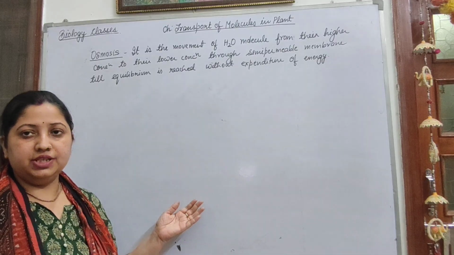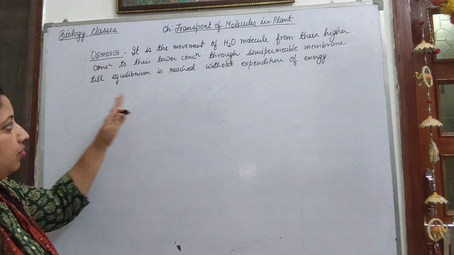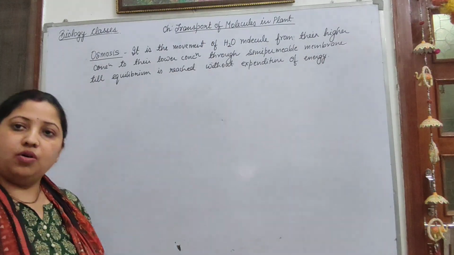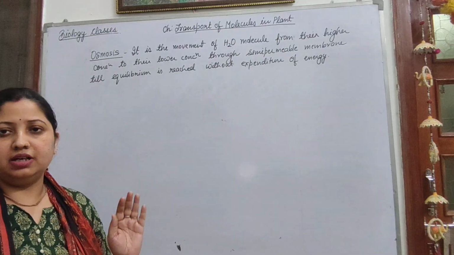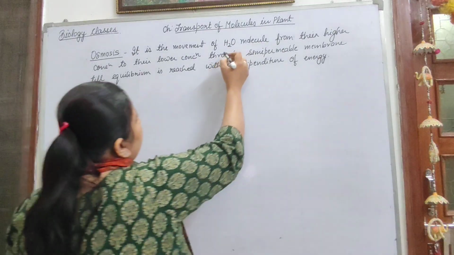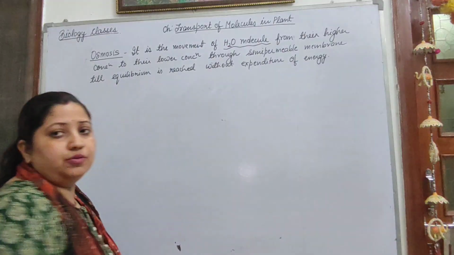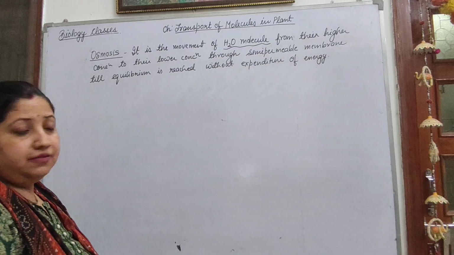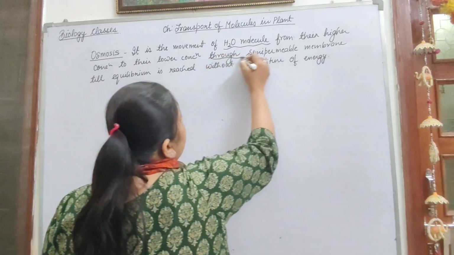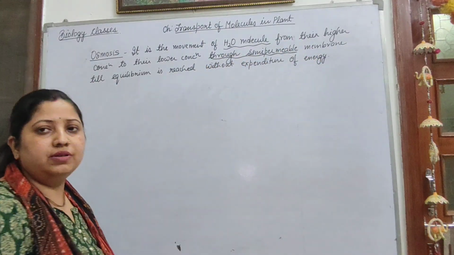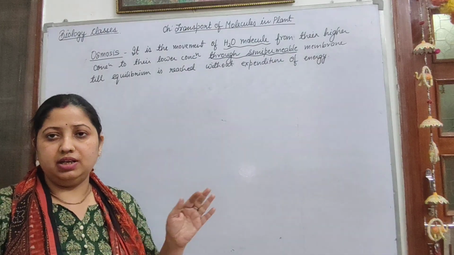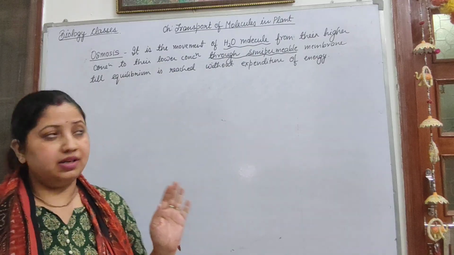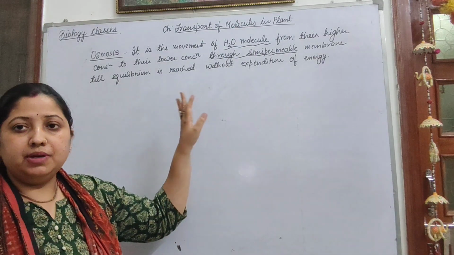What is the difference between diffusion and osmosis? If we talk only about the definition, in the case of diffusion, all molecules, like solids, liquids and gases, are diffused. But in the case of osmosis, only water molecules move. The second difference is that it occurs through a semi-permeable membrane. In diffusion there is no barrier or any type of membrane, but here there is a semi-permeable membrane.